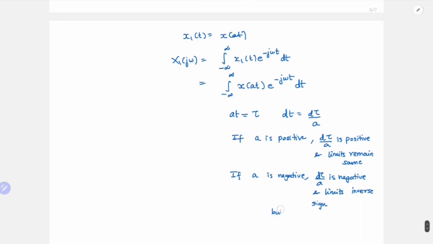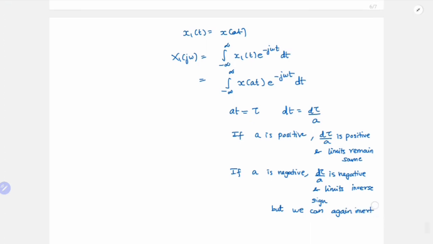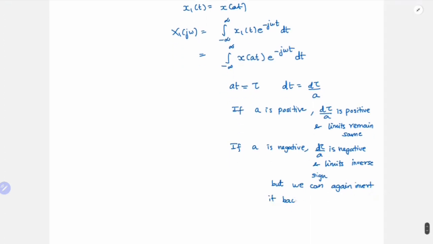but we can again invert it back with the negative sign of d tau by a. So we can just write this as mod a, right?